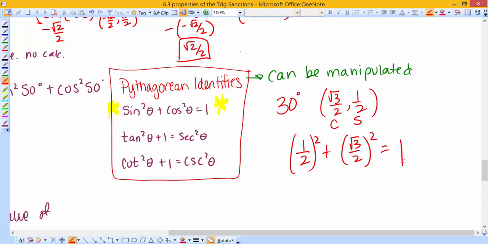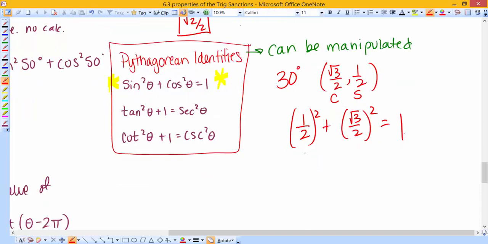And this says it's going to equal 1. So let's see. When I square 1/2, I get 1/4. When I square root 3 over 2, I get 3 over 4. The root goes away, and I still have to square that too. Oh, 1/4 plus 3/4 is 4/4. Oh, that is 1. So this will work in any angle from 0 to 360.